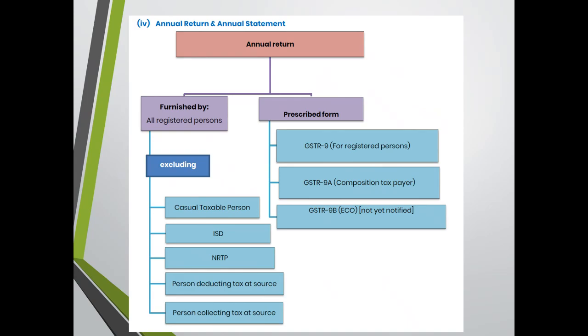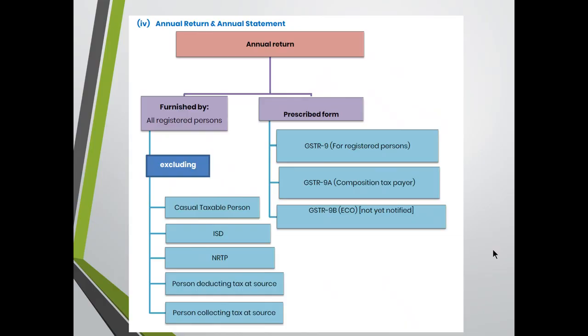So there are 3 forms for submitting your annual return: GSTR 9, 9A and 9B. But that 9B form is not there now. 9A is also not a mandatory form.